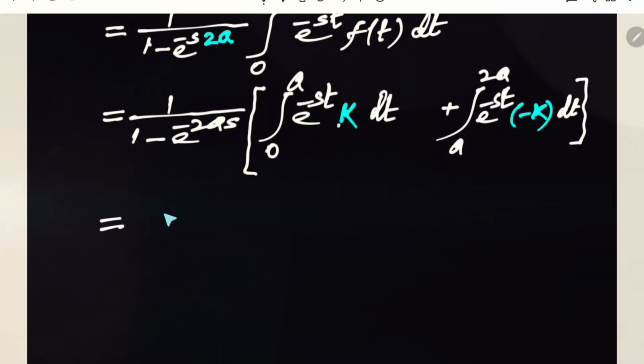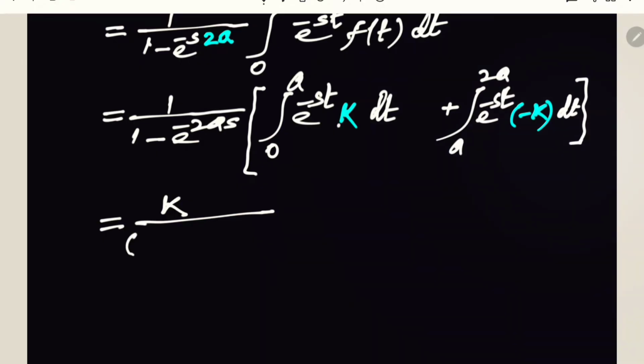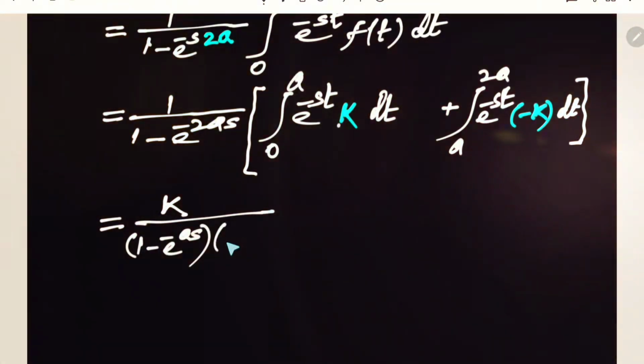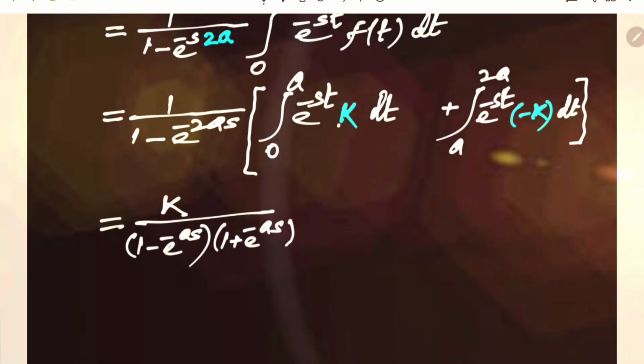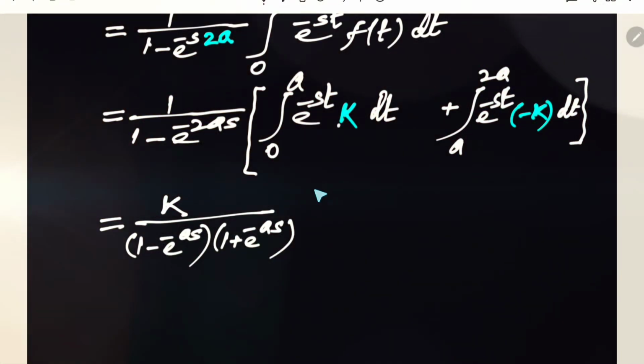From these two terms we can take k common, therefore it is k divided by 1 minus e raised to minus as and 1 plus e raised to minus as, since a square minus b square is a plus b times a minus b.